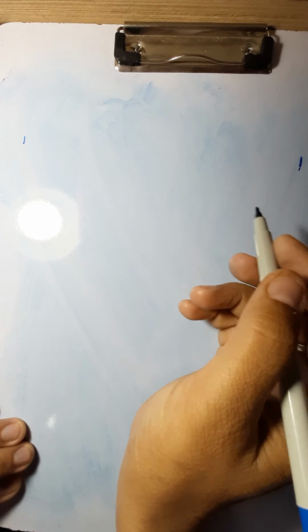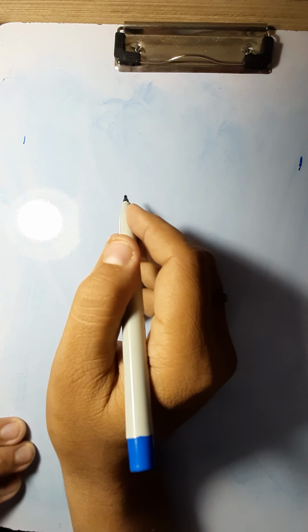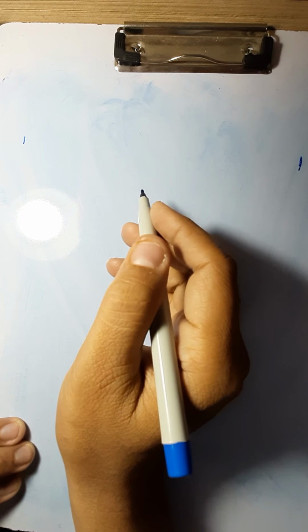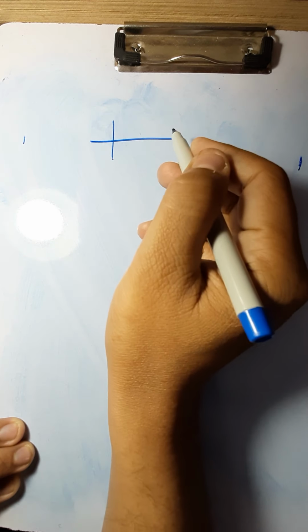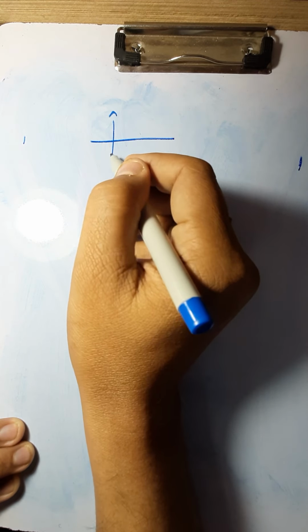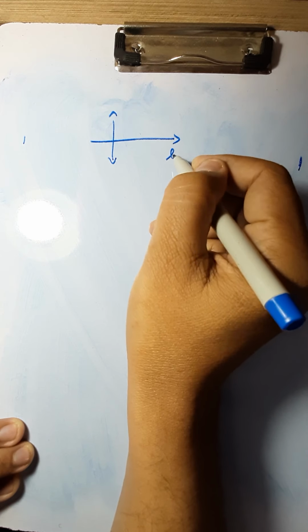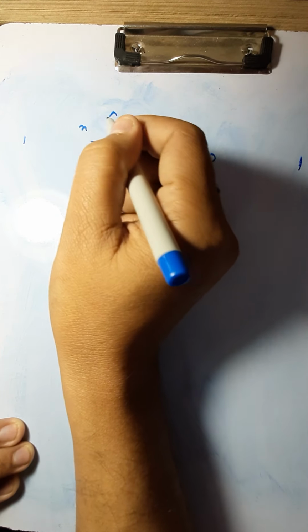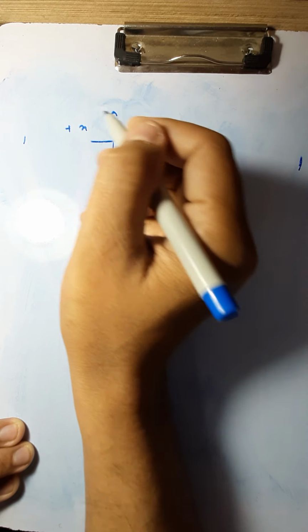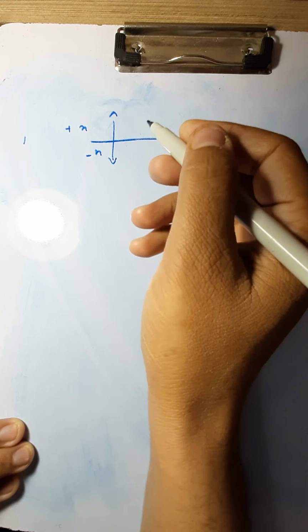So guys, we have seen till now that the displacement time graph of a particle depends on its direction of motion. Suppose this is the positive x direction, this is the negative x direction.